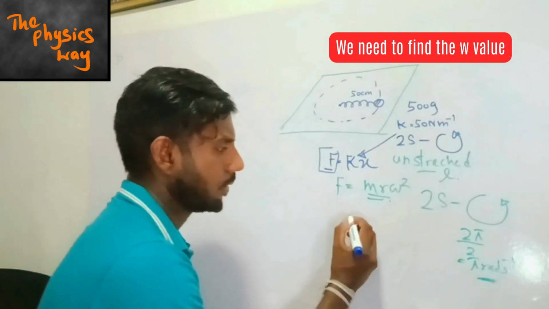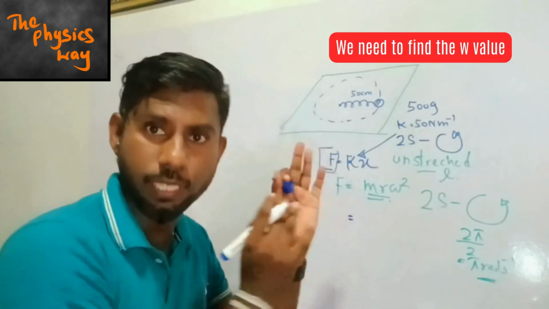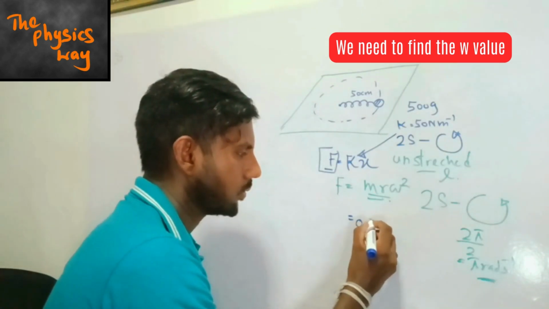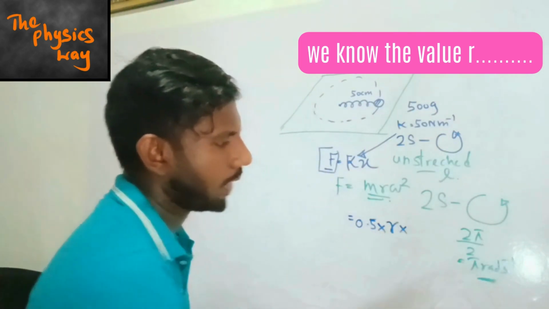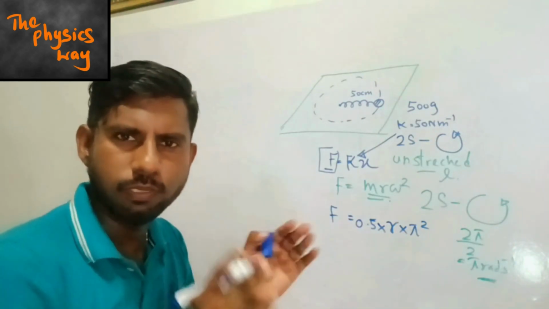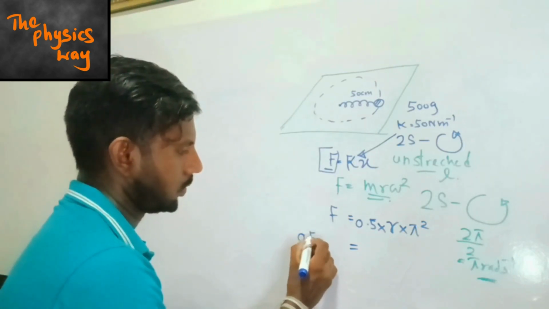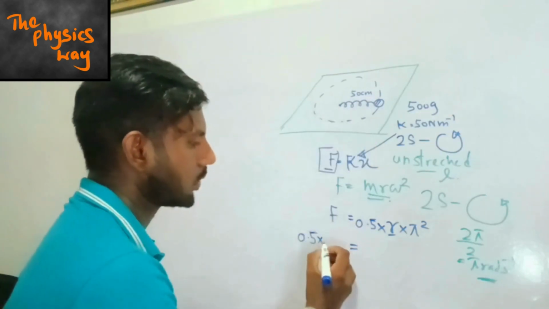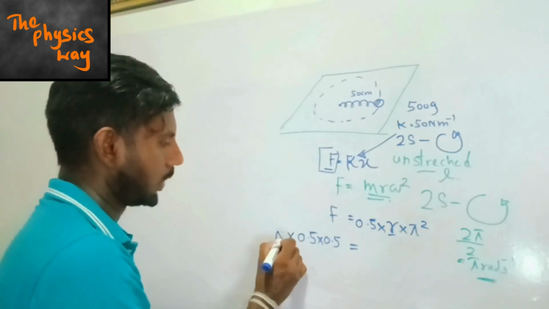First thing, m, mass is 500 grams, that we have to convert. In kilograms it's 0.5, and omega value is pi, so omega squared is pi squared, that is basically F. Let's apply F equals kx here now, right? 0.5 is the mass, r is given as 50 centimeters, that is 0.5 meters, into omega squared, pi squared.